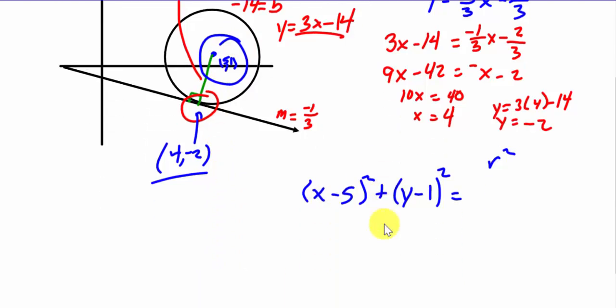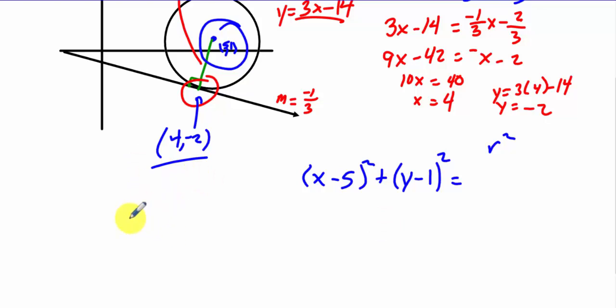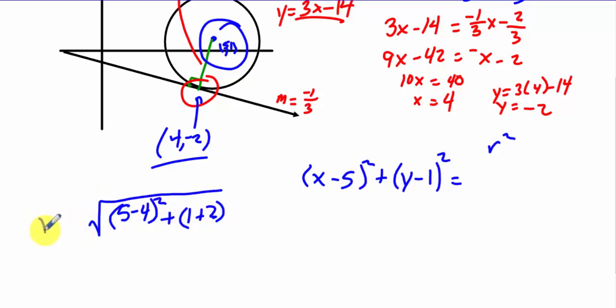So let's go ahead and do that. We're going to find the distance between this center point and this point of tangency. I'll take the difference of the x's, so that's 5 minus 4 squared, plus 1 plus 2 squared, square root it. This is going to be my r.